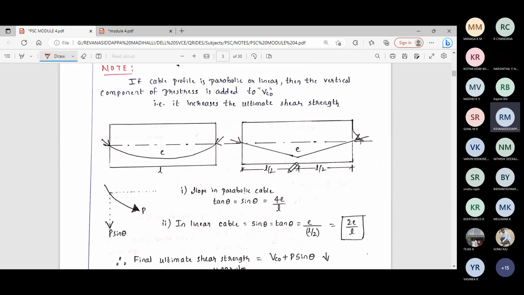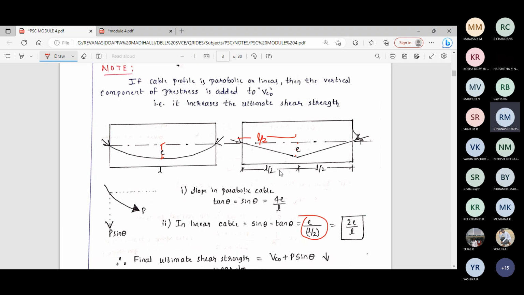If it is a parabolic cable, the value of sin theta is equal to 4E by L, where E is the eccentricity at the midspan. If it is a linear cable, then sin theta value will be E by L by 2. Actually this calculation represents tan theta.